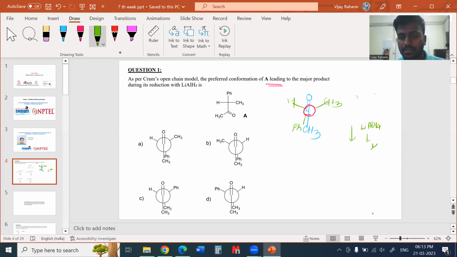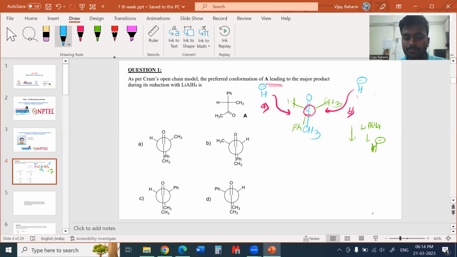LiAlH4 gives the H minus, the hydride anion, which attacks either from the direction of this methyl or from the other direction. Which one is the correct one, we need to identify. If the hydride attacks through the B path, there will be a steric repulsion because of steric hindrance due to this bulky methyl group.